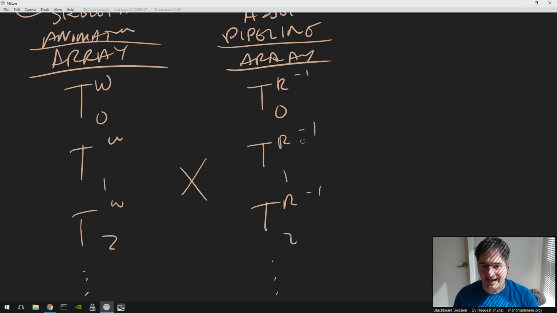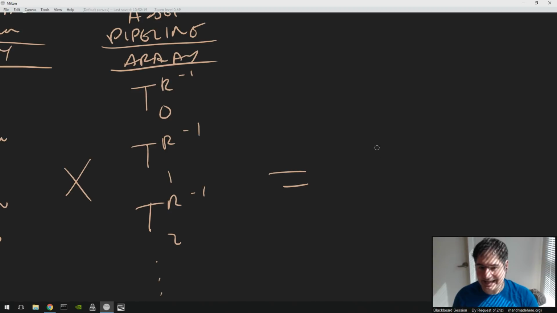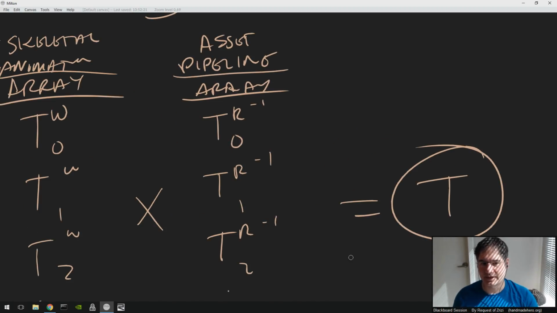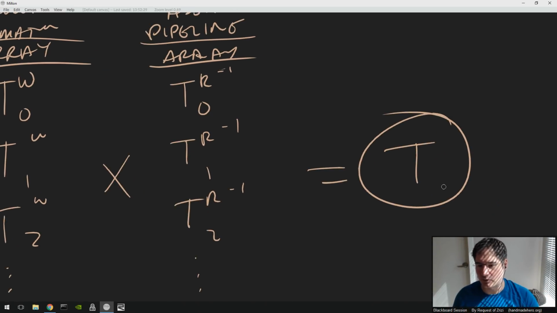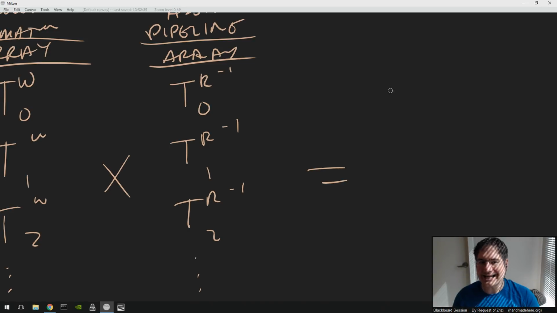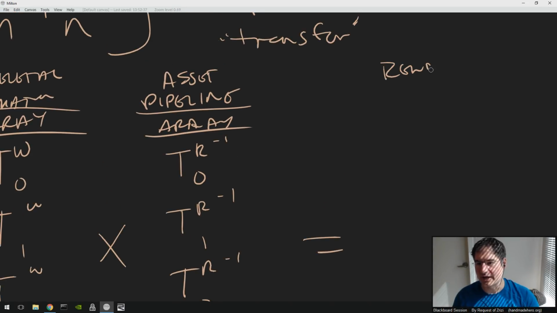This times this is the transform, right? T0W times TR0 inverse is the final transform, or composite transform as I call it, of any bone. So we end up with our rendering array.